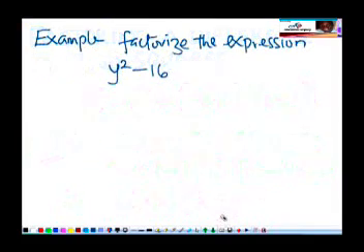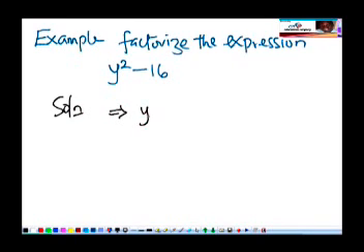Here it says factor the expression y squared minus 16. The moment we can express it as the difference of 2 squares, we have our answer. The solution: y squared minus 16 can be represented as y squared minus 4 squared. Now this is the difference of 2 squares, right?